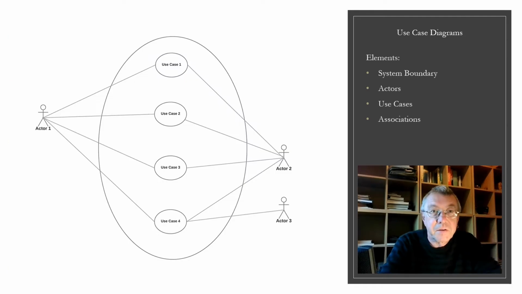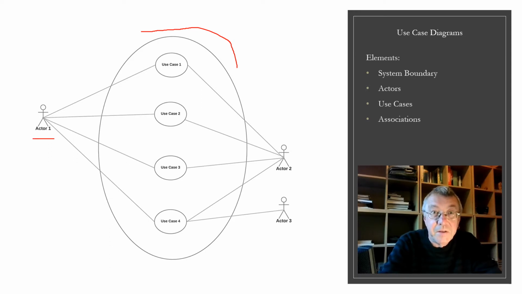And here it is. What you can see here is the system boundary represented by this large ellipse here. The actors or users of the system shown by the stick people around the outside.